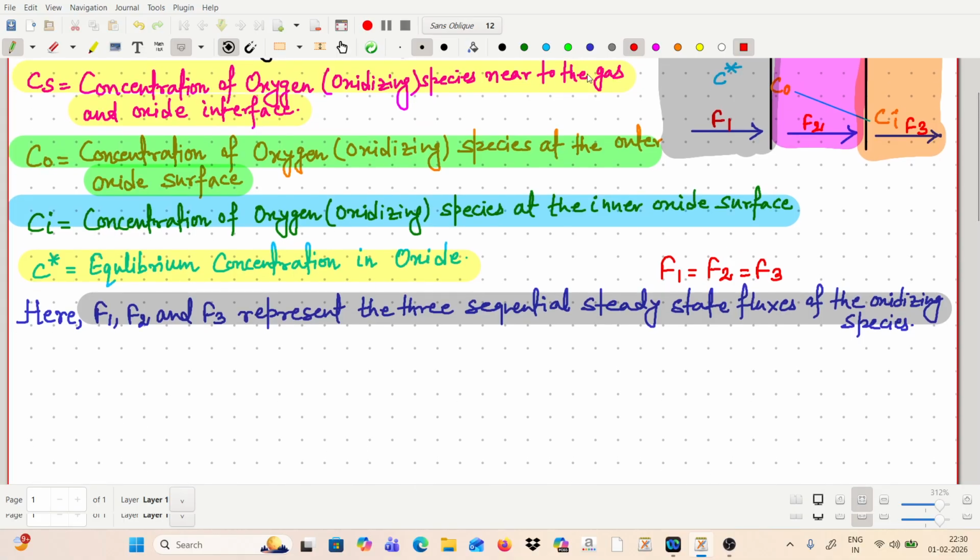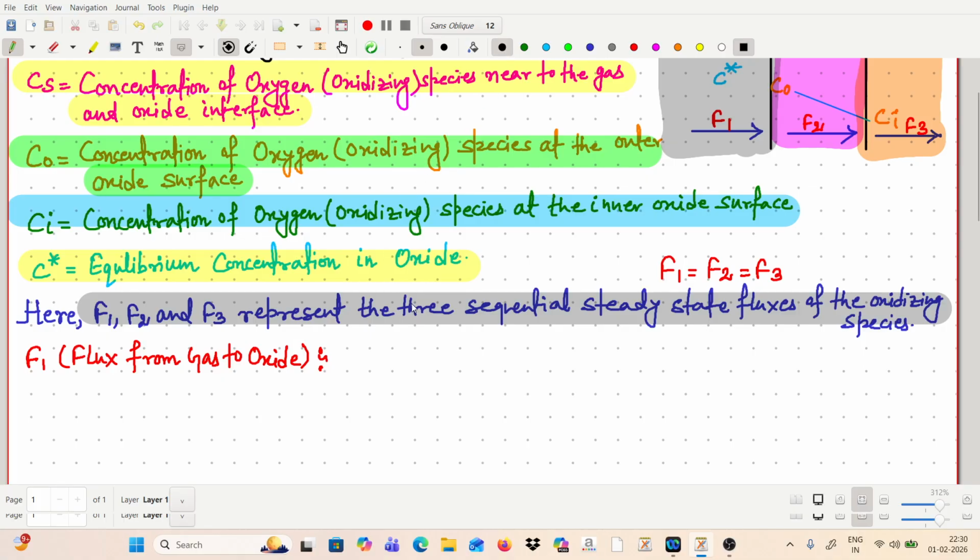F1 is simply the flux from gas to oxide.